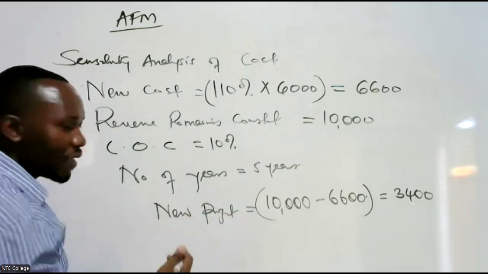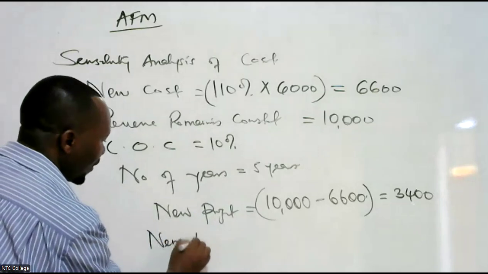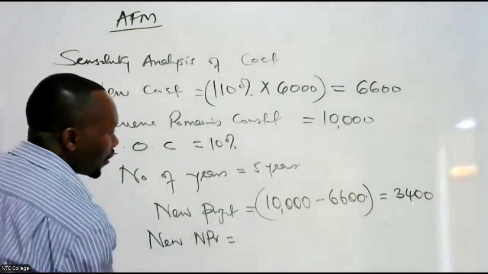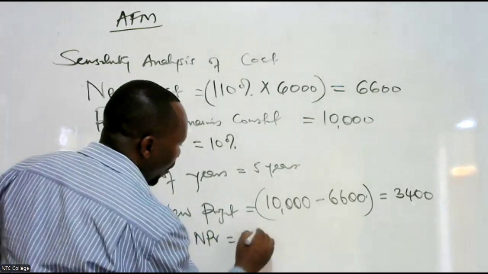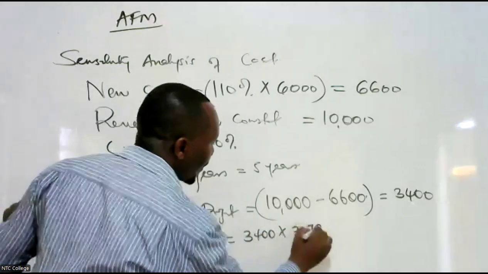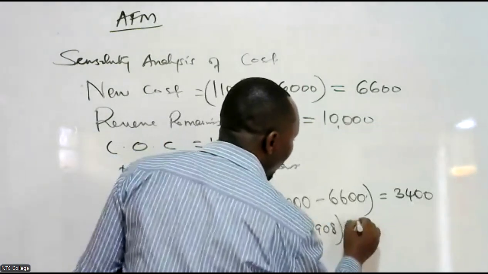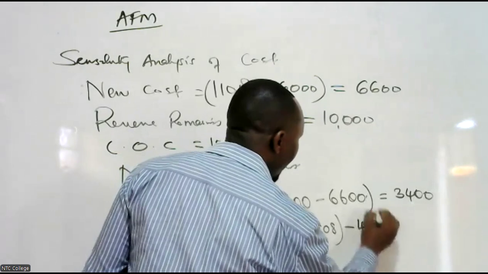So they're the same. So the new NPV is equal to 3,400 times the discounting factor, which is 3.7908, minus IO. Initial outlay was 4,500.